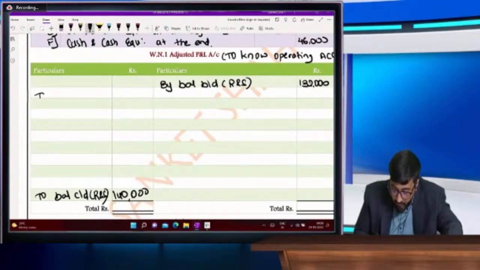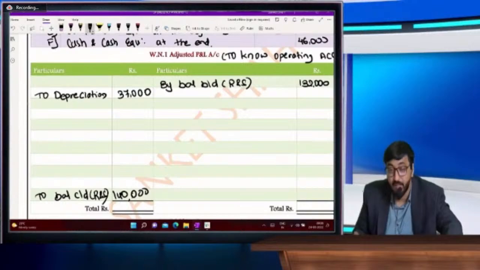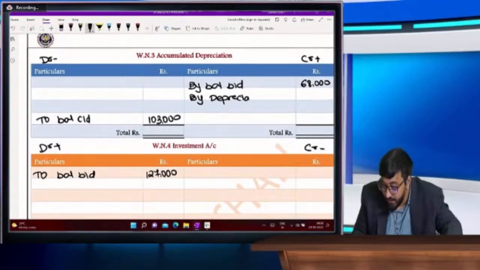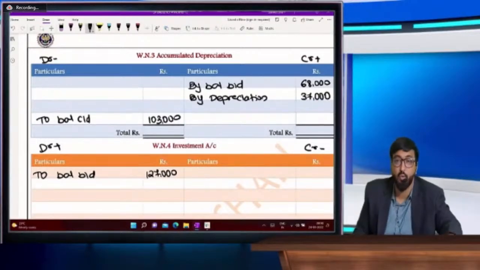See, if I write over here to depreciation on the debit side, 37,000 in P&L debit, adjusted P&L debit, and second effect accumulated depreciation credit. By depreciation, it will be very easy for me to do posting and there is no chance of error. One debit, one credit.